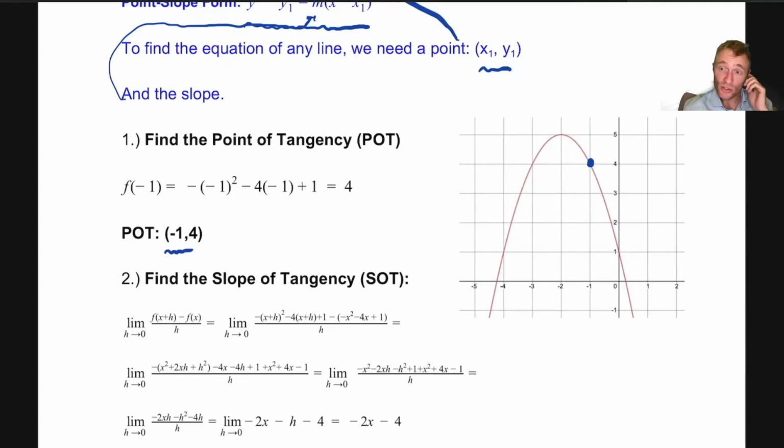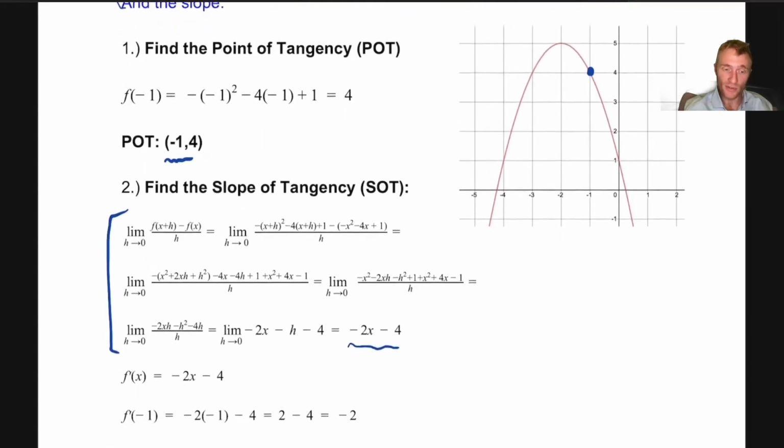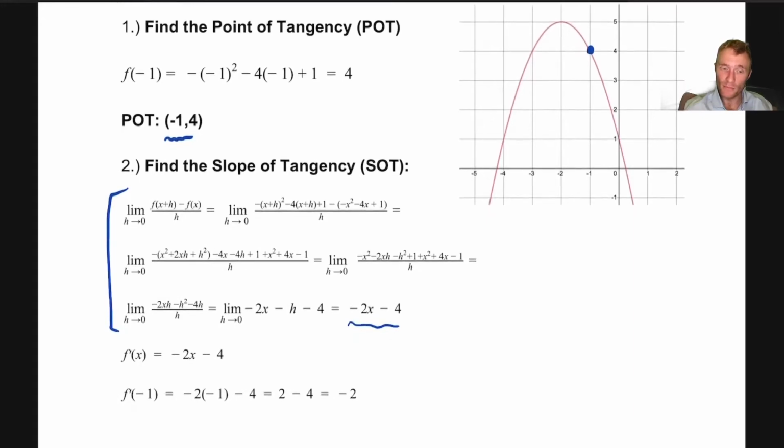So we can find the slope of this line by, again, not going to do all this out right now, but you can find the slope of that tangent line by doing the limit definition of a derivative. You take the derivative of negative x squared minus 4x plus 1. Turns out the derivative is negative 2x minus 4. That's f prime. You plug in negative 1, because I want to know what is the slope here when I'm touching that graph once.